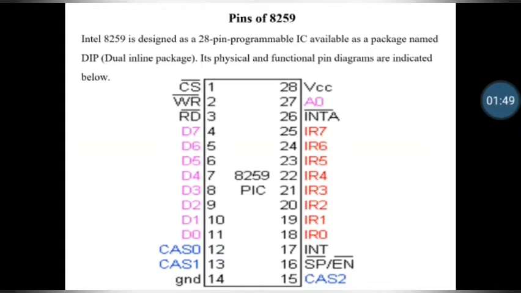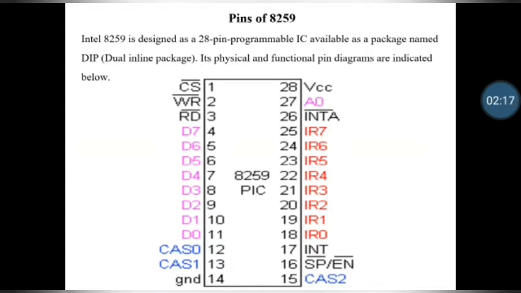Pin number 3 is the RD bar. This is also an active low signal, and it is the read enable input to the 8259. When this signal becomes low, it enables 8259 to release status onto the data bus of the processor.